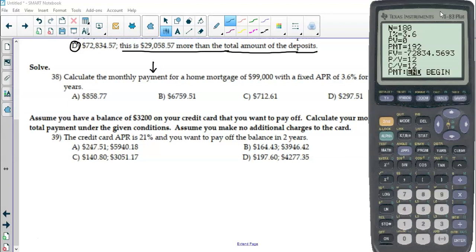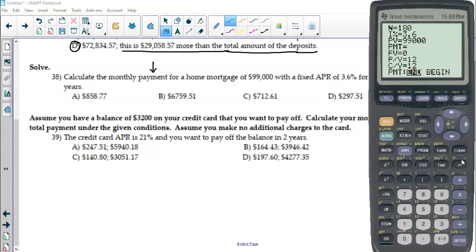When you're paying things off, the present value is high, right? So when you first buy the house, the amount of the mortgage is the full thing, the $99,000. In the future, it will be all paid off, and the value of the note will be 0. The question is, how much money do you have to pay every single month to make sure that that happens?